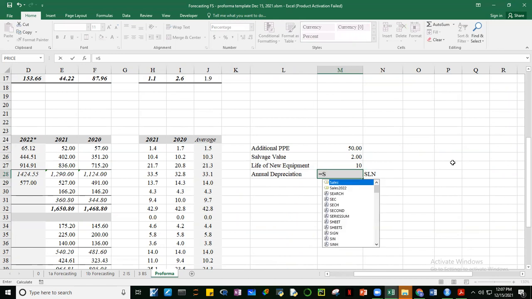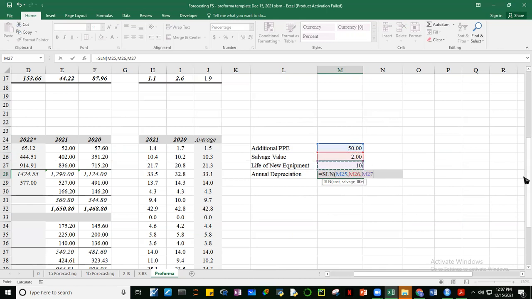Kasi may function na SLN. What's the SLN? Returns the straight line depreciation of an asset for one period. So annual depreciation yan. So ang cost natin is 50 million, comma, magkano yung salvage value? 2, okay, comma, and the life of the asset is 10. So there you go.